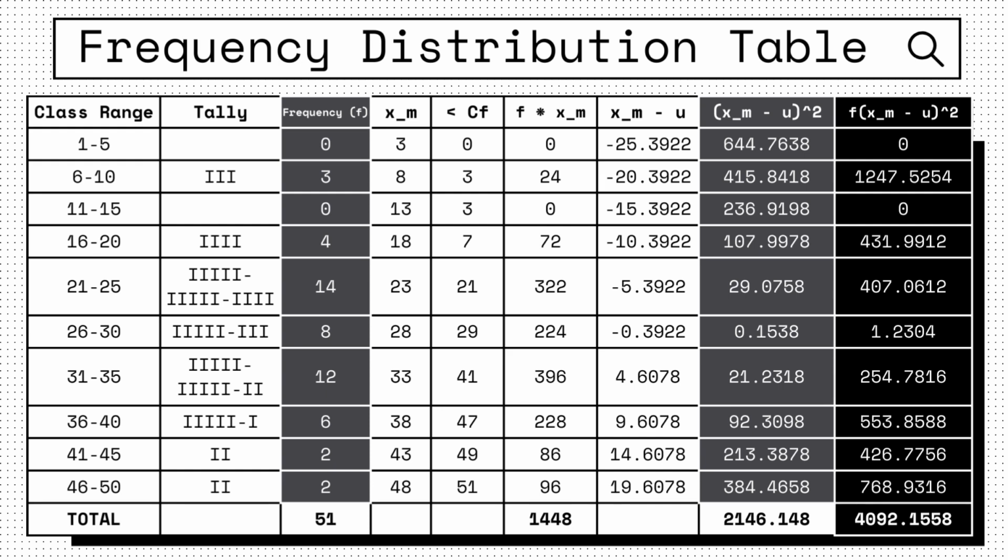For the eighth one, we have 6 times 92.3098, which is equal to 553.8588. For the ninth, we have 2 times 213.3878, which is equal to 426.7756.